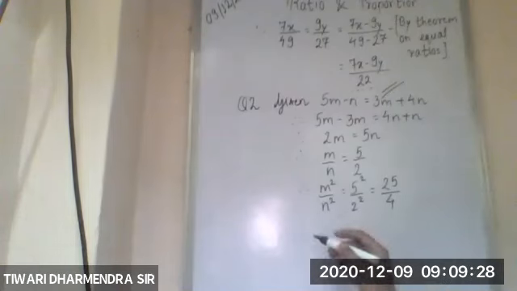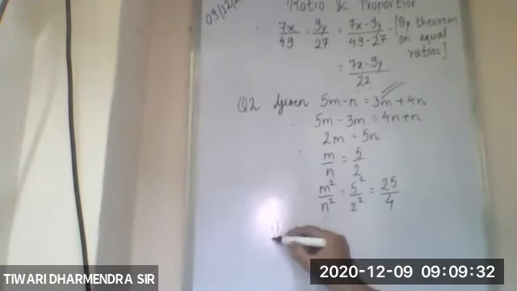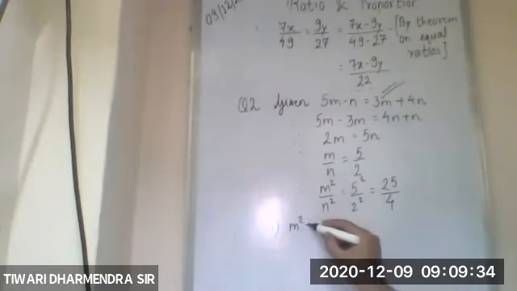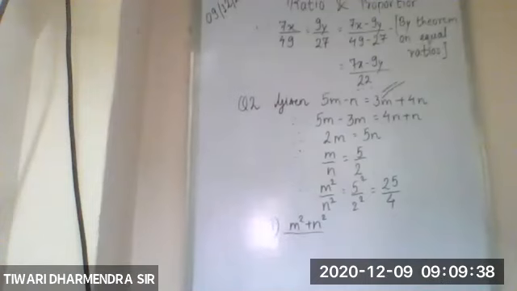Now, the first part, they are saying find the value of m square plus n square upon m square minus n square, which is the question mark. As we have done in our last session, componendo and dividendo, as per the condition we can see.